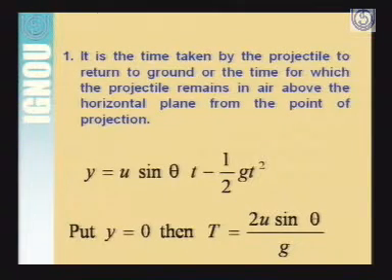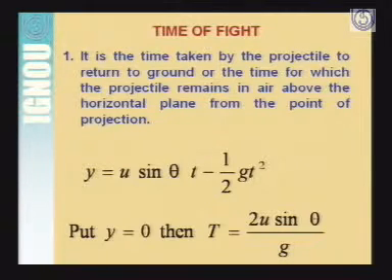Now we will consider the time of flight. Time of flight is the time taken by the projectile to return to the ground, or the time for which the particle remains in the air above the horizontal plane from the point of projection.